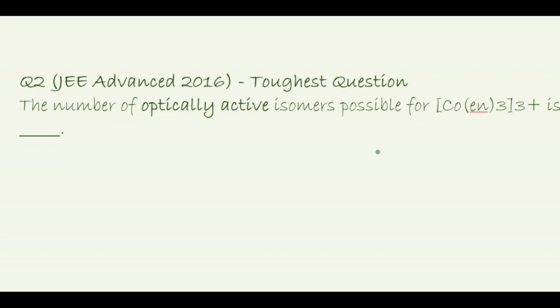This question is asked in JEE Advanced 2016, one of the toughest questions. Let's see how tough this is. The number of optically active isomers possible for [Co(en)3]3+. This complex has 3 bidentate ethylenediamine ligands, right? It is an octahedral structure, and let me draw the structure also.